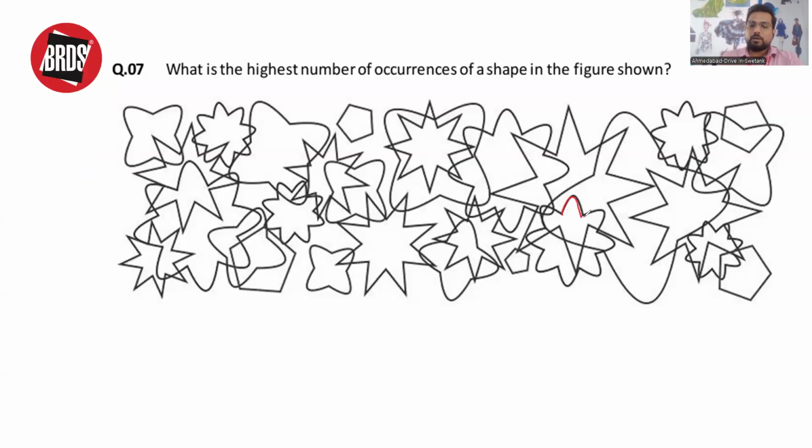But if you get that correctly, you will find it is these two shapes which are occurring a lot of times, the star shape and the ninja blade shape. There's no other logic that needs to be discussed in this question, so let's simply do the counting for both of them.